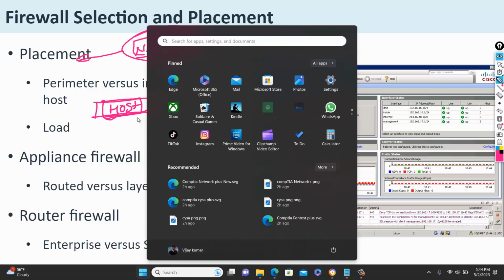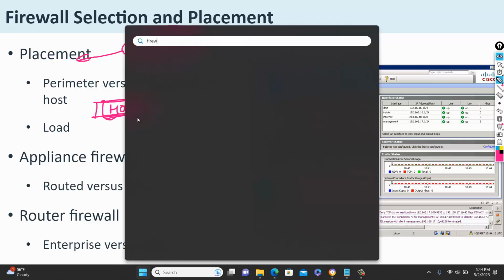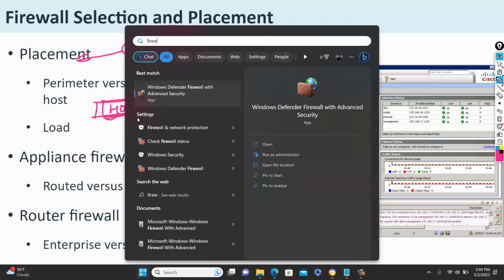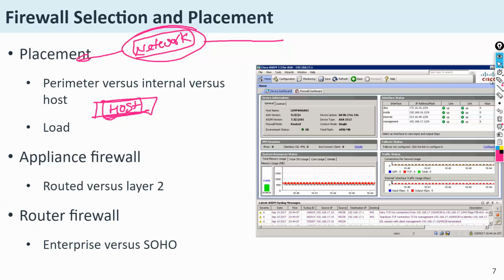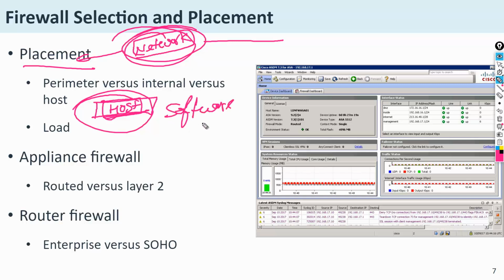When you see the firewall inside your Windows operating system, this type of firewall is a host-based firewall. So for placement, you can place it in a network, or you can place it on a single host. It may be a software firewall, or it may be hardware as well.